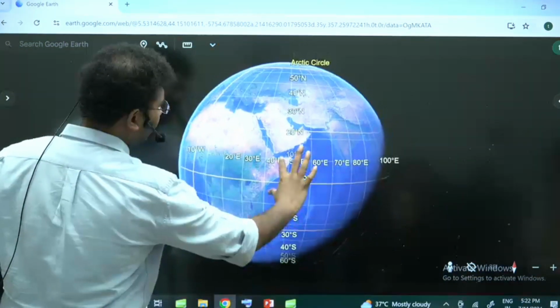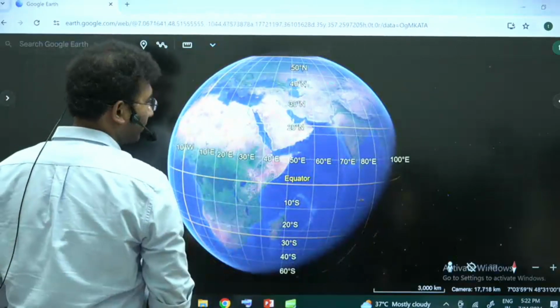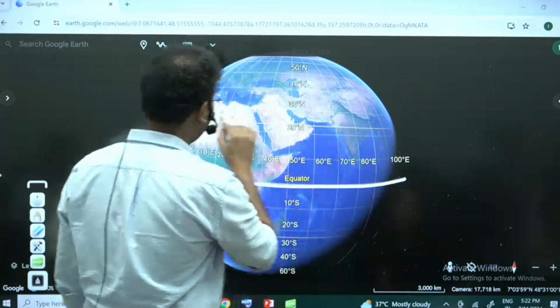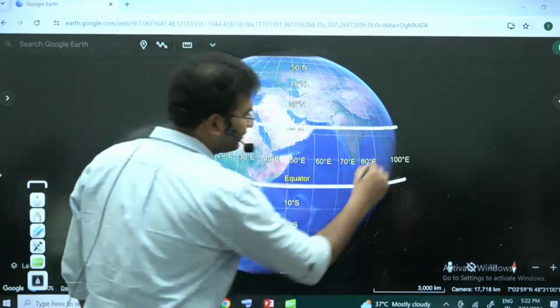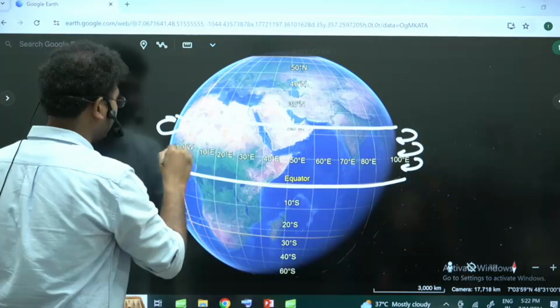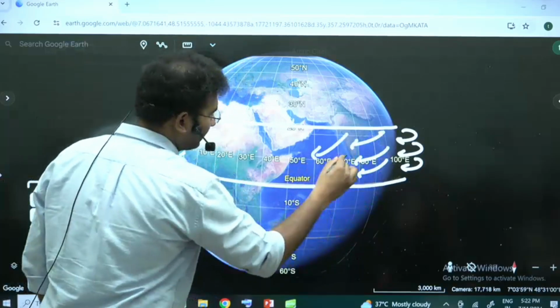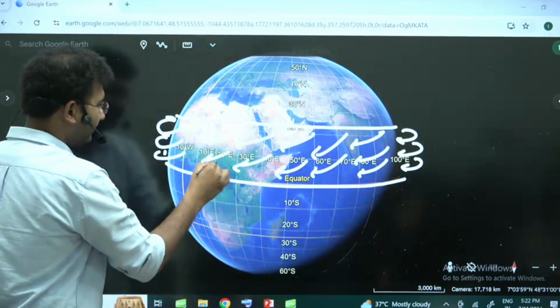See, everyone knows about the winds that are present here. Look, if this is your equator, what kind of winds do you have between the equator and the Tropic of Cancer? Here you have these easterlies, right?